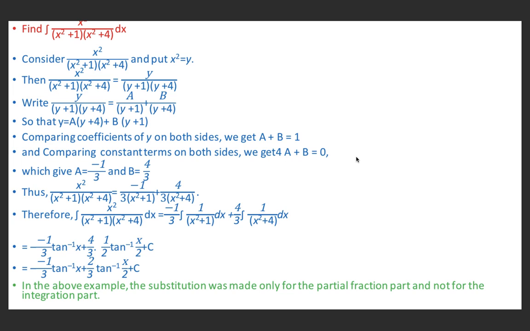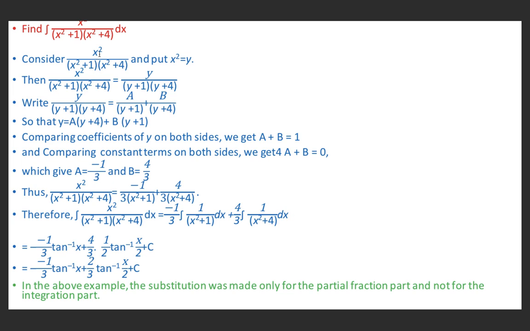So on comparing the coefficient of y and the constant term on both sides, we get a plus b equal to 1 and 4a plus b equal to 0. And you know how to calculate these. First of all, subtract these two and get the value of a. Then multiply the first equation by 4, subtract the two and get the value of b. So we will get a equal to minus 1 upon 3, b equal to 4 upon 3.